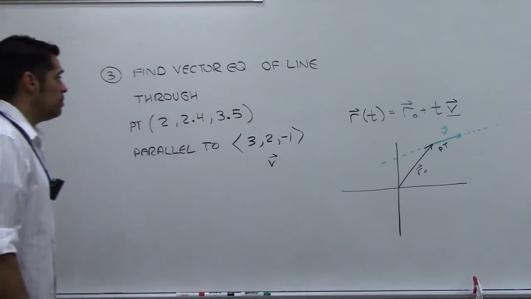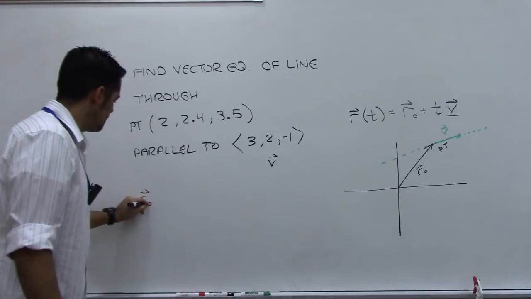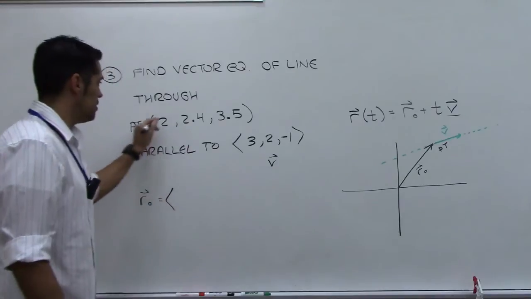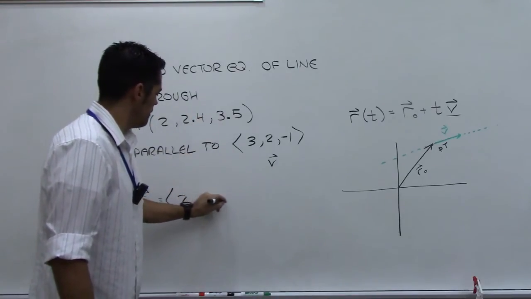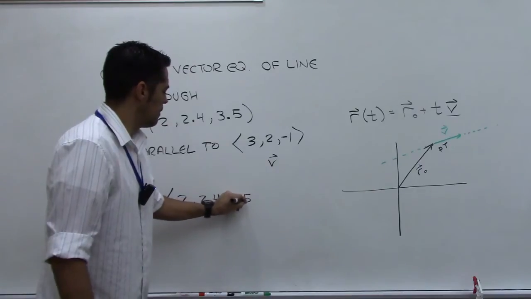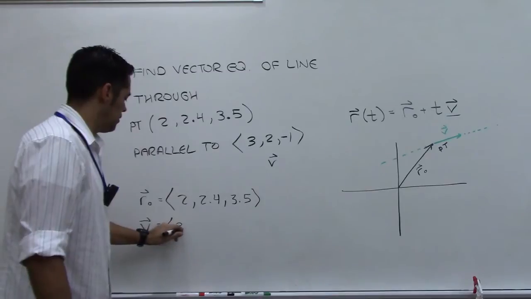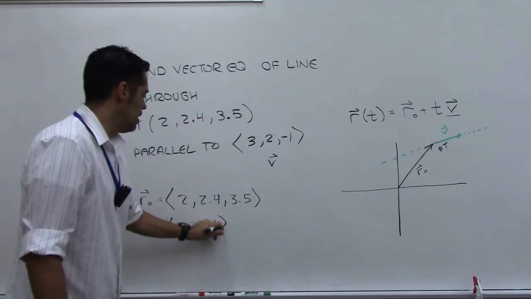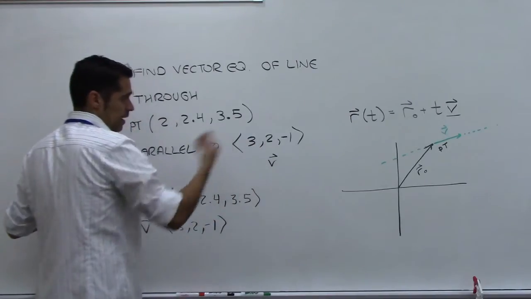It's just going to be a simple plugging in here. r naught is the vector, which is this point converted to a vector. And then of course v, the direction, is (3, 2, -1). I can use any scalar multiple of this, but I'm just going to use the vector itself.